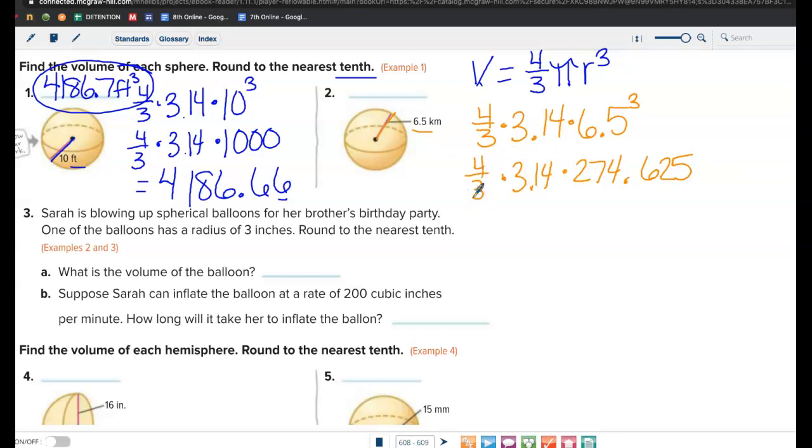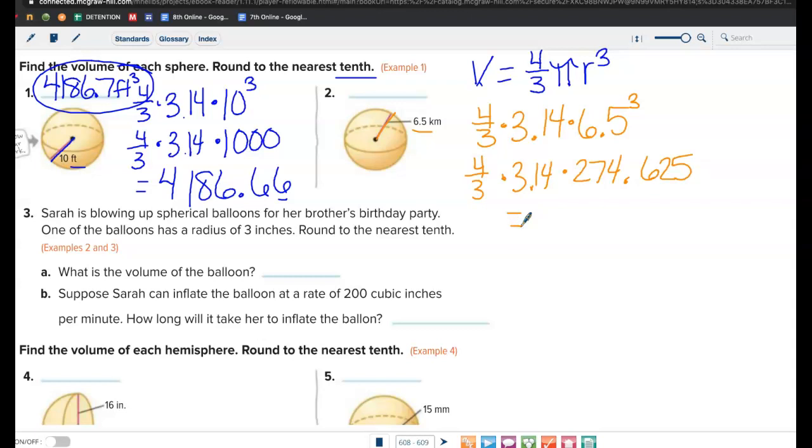Again, if your calculator doesn't do fractions, you can take 4 times 3.14 times 274 and 65 hundredths, and then the last step, divide it by 3. It will give you the same answer as typing it in as you see on the board.